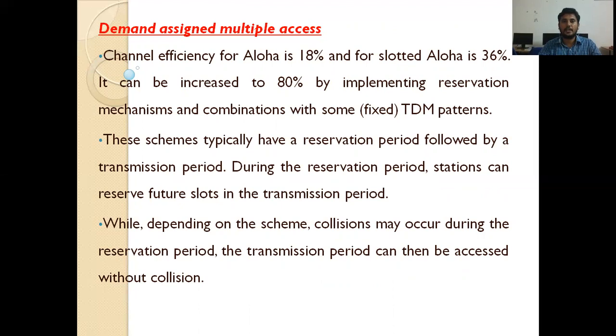If you allocate reservations like polling, token passing, or whatever it may be, reservation slots are allocated to every user, and you use the path only in that particular time period. That is called reservation.